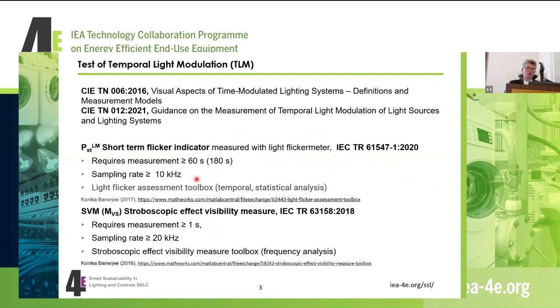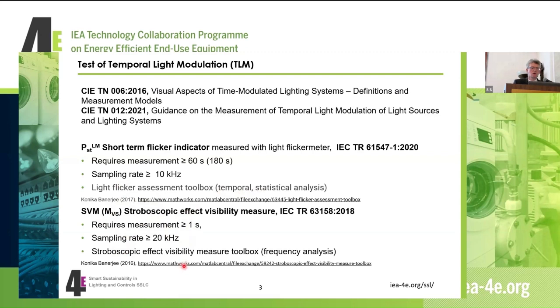For the calculation, when you have a sampled signal, you can do the calculations with the light flicker assessment toolbox, which will do the temporal and statistical analysis. And that is readily available as a toolbox on the MathWorks website. For SVM measurements, we require at least a 1 second measurement and a sampling rate of at least 20 kilohertz.